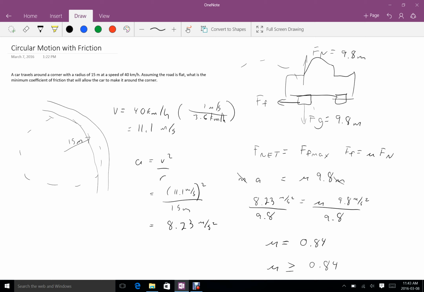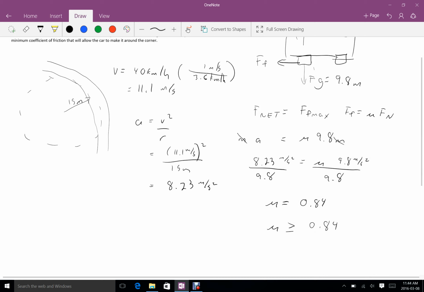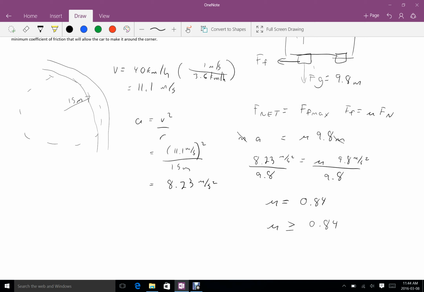Force of friction is equal to coefficient times normal. We substituted that in, both our acceleration and our expression for the force of friction, solved for the coefficient of friction, and then recognized that that's a minimum value due to the fact that the force of friction can be anything from this maximum value down to 0 as needed given the situation.